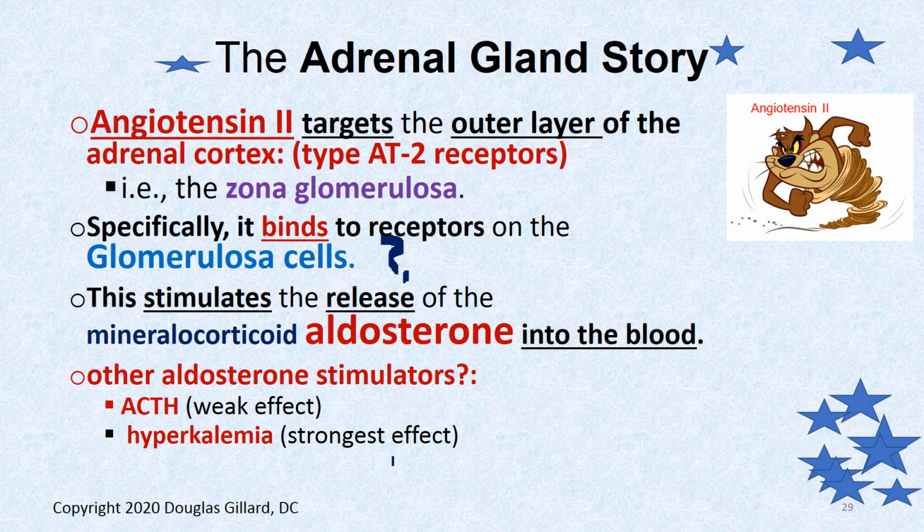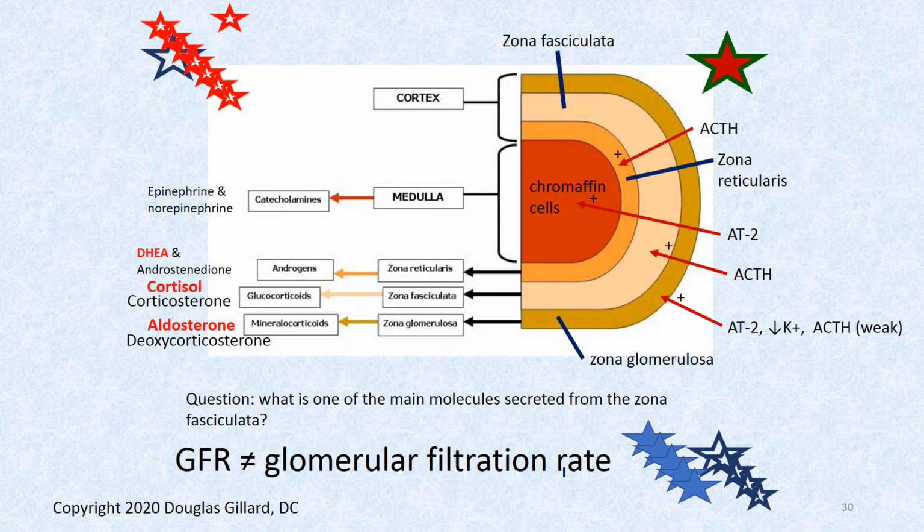But the strongest effect of all, which really stimulates the release of aldosterone, greater than angiotensin II, is hyperkalemia. The body does not like high levels of potassium. Those can destroy the heart and cause fatal arrhythmias, and the body's very sensitive about that stuff.